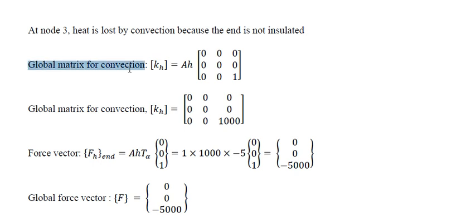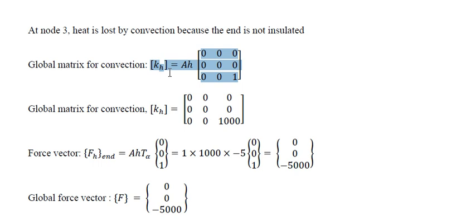I will write the global convection matrix directly, for the entire geometry. It is A times H times [0 0 0; 0 0 0; 0 0 1]. The 1 is written at this end because the right end is having convection. I should have written 1 at the other end if the left end were having convection. Since the right hand is having convection, I write 1 here. This is the convection matrix for end convection.